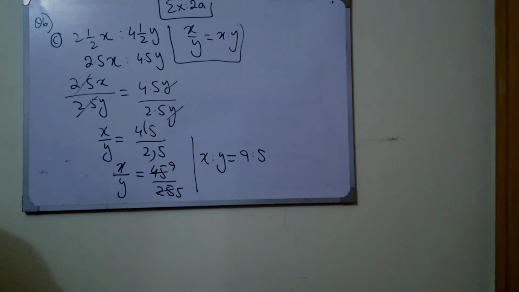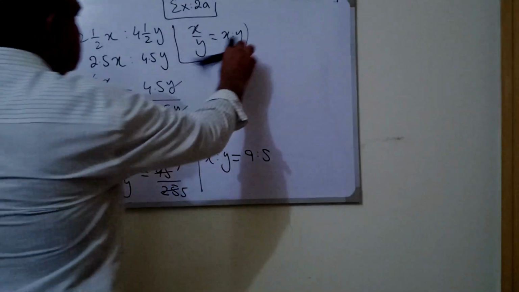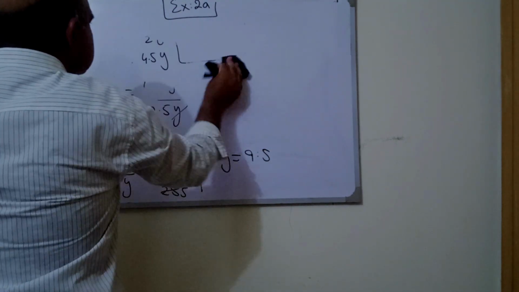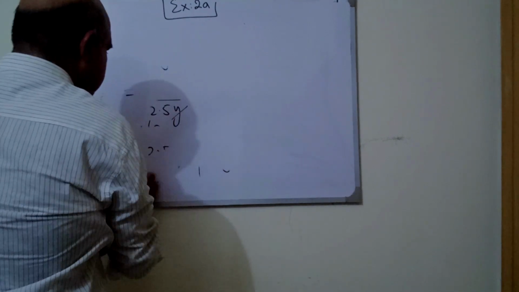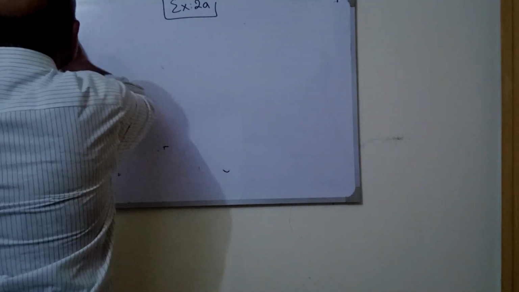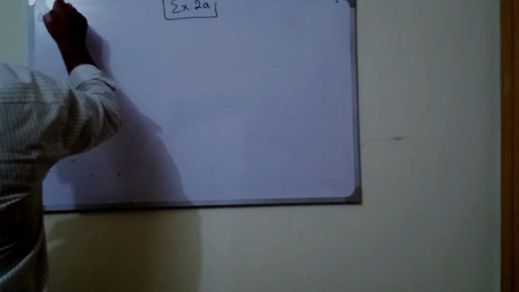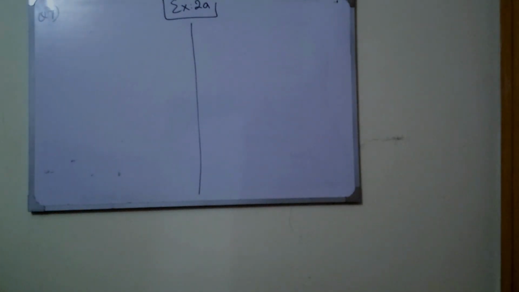Question number 7. Now here in question number 7, we see that the shopkeeper blends 3 types of tea, A, B and C, in the ratio of 6 ratio 4 ratio 7.